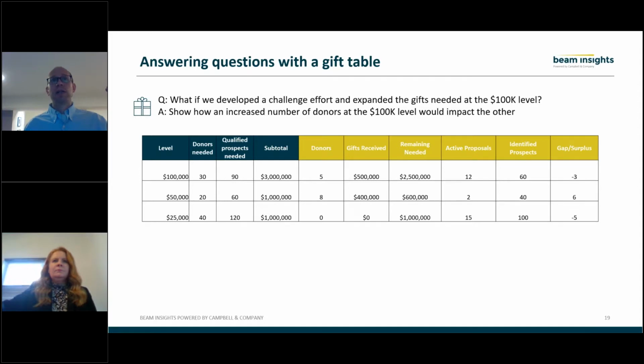So don't just make one change at one level and not consider how that impacts the table on the way down and the table on the way up as well. I think in the coming weeks, we'll have some downloadable content available that allows you to do that. But if you're building something internally, it's definitely something to take into account.